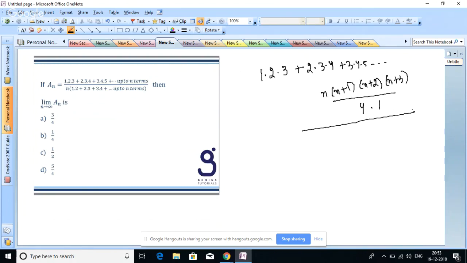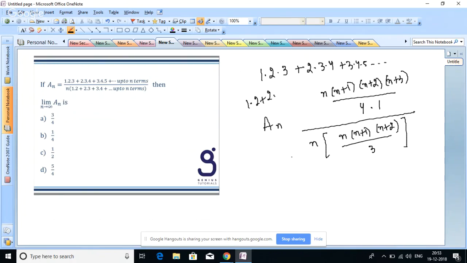Similarly, in the denominator it is n, and 1 into 2, 2 into 3. So we can say that n into n plus 1, and one next term, that is n plus 2, divided by 3. So this will be your an.